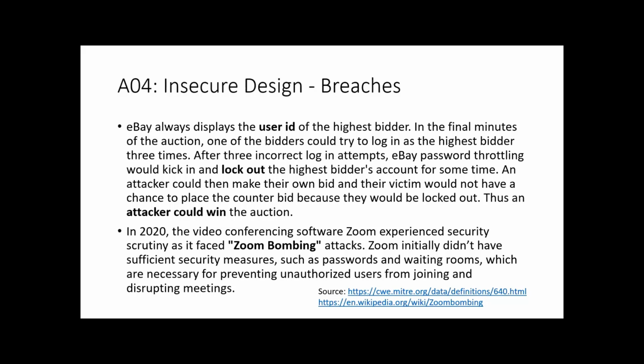So any hacker could go and provide that user ID and a wrong password a couple of times, and that would lock out the highest bidder's account. If I provide a wrong password 3 or 4 times, it will lock out the actual user. That way, the hacker could win the auction by providing a similar bid. So that was a design flaw. That is not a coding flaw, or an implementation flaw.